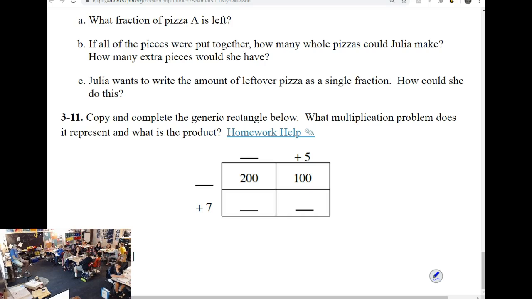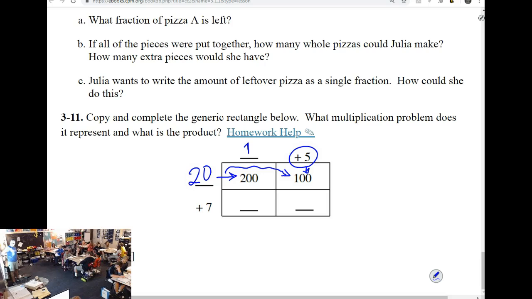So this was asking you to fill in the missing pieces of the multiplication rectangle based off what we see here. So this 100 came from 5 and whatever number was over here. So what would multiply by 5 to make 100? 20. So 20 goes here. And 20 times... And then, ooh, 200.